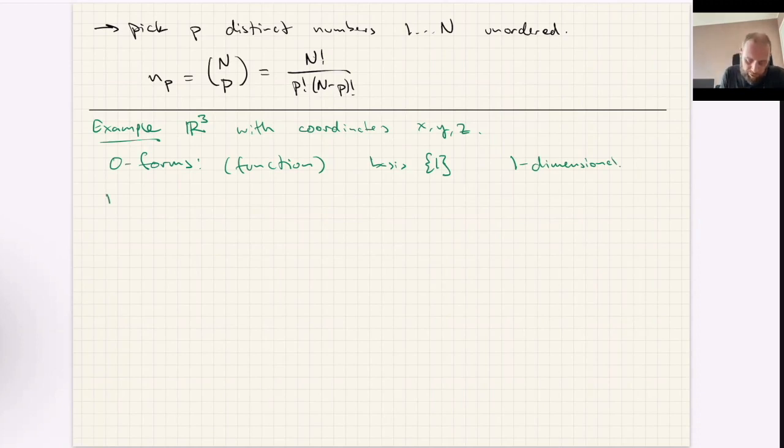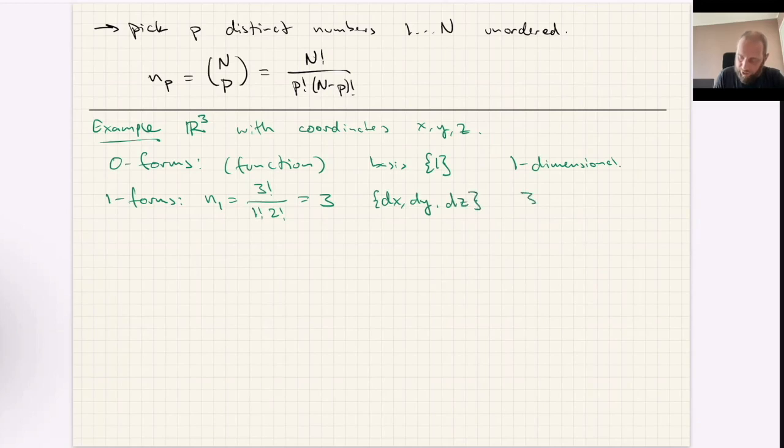For one-forms, you should have n_1, and if n is equal to 3, then we have 3 factorial divided by 1 factorial times 2 factorial. 1 factorial is 1, so this is 3. And we can choose them to just be the coordinate basis, so dx, dy, and dz.